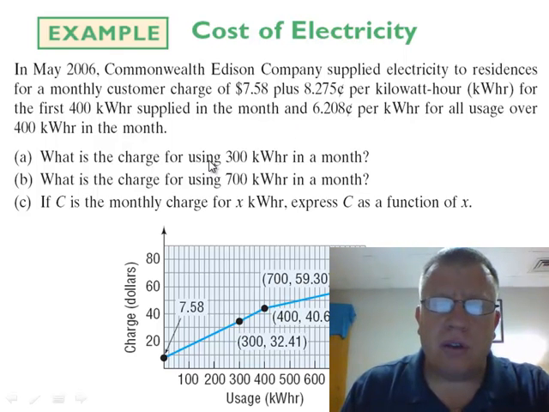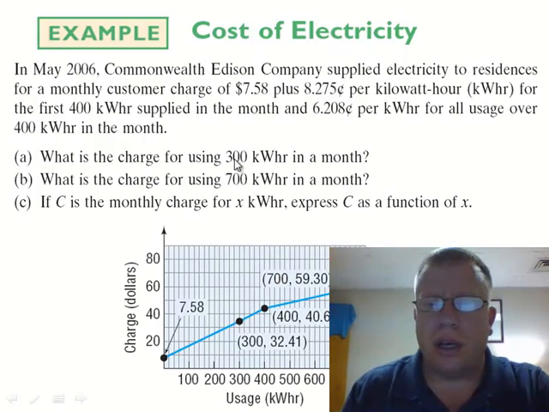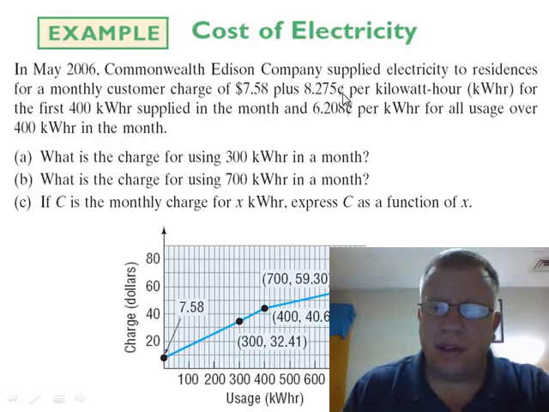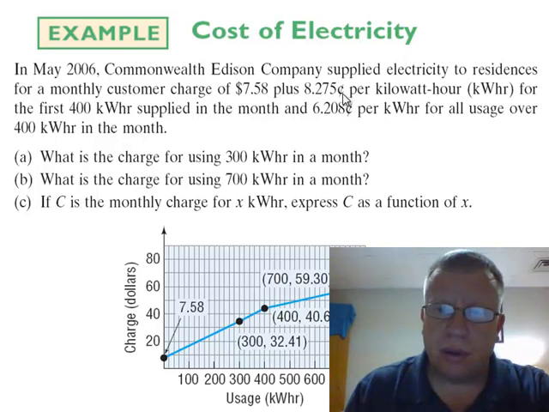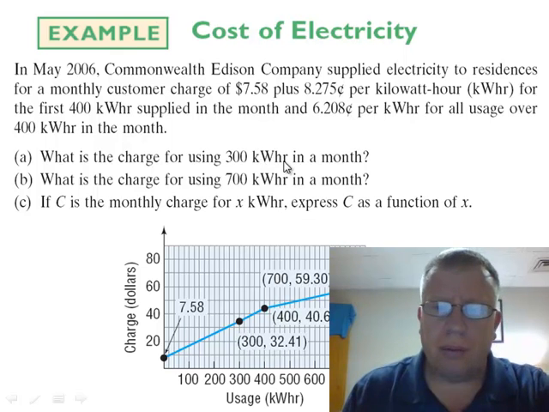So what would be the charge for using, say, 300 kilowatt hours per month? Well, it's going to be 7.58 plus 8.275 cents times the 300 kilowatt hours.